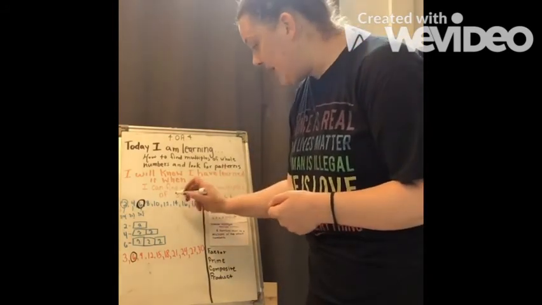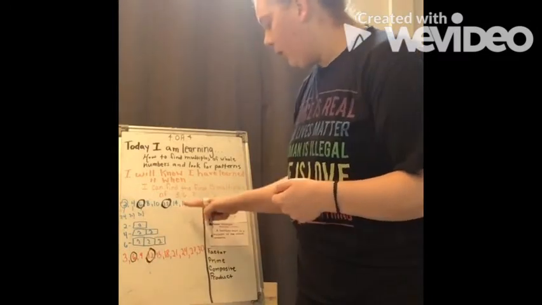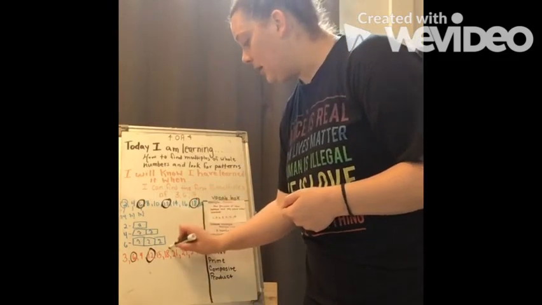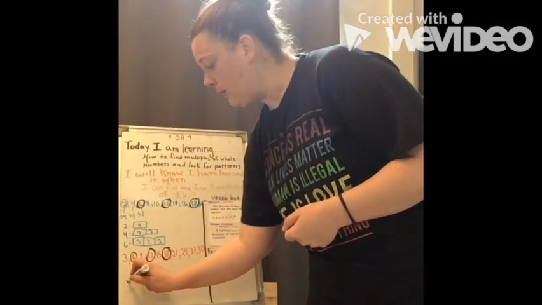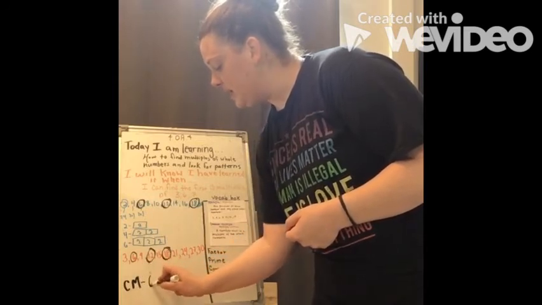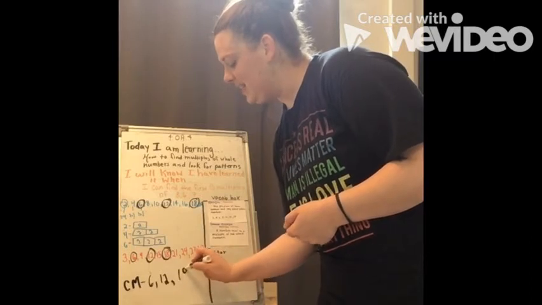As I keep looking, I see 12 on both of them. 12 is a multiple of both. I also see the number 18. So our common multiples are 6, 12, and 18.